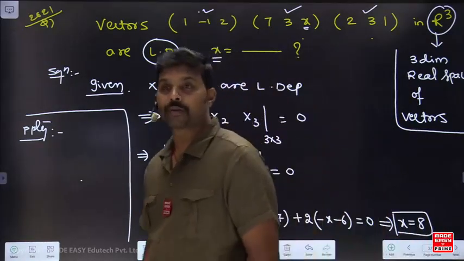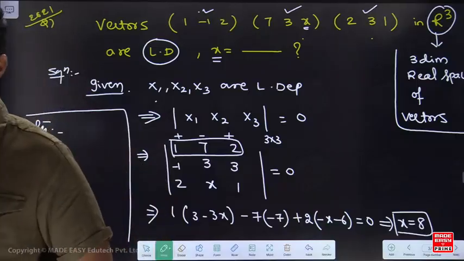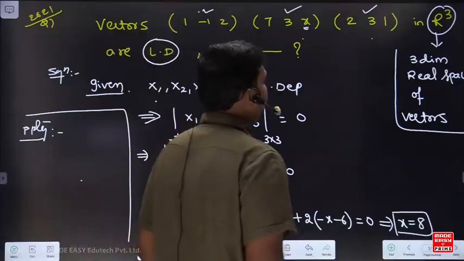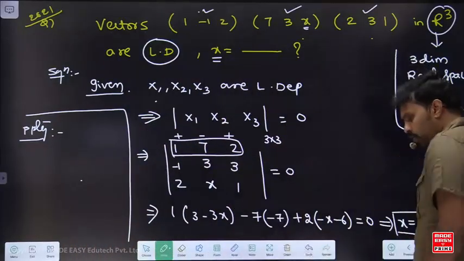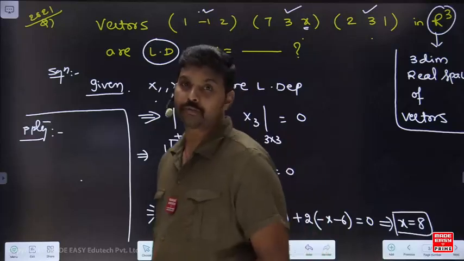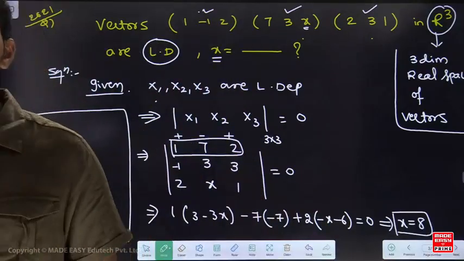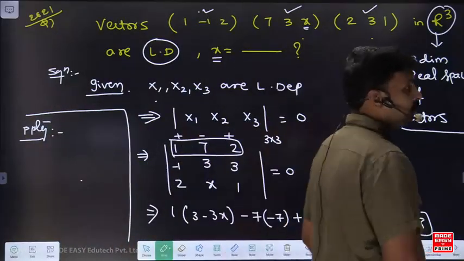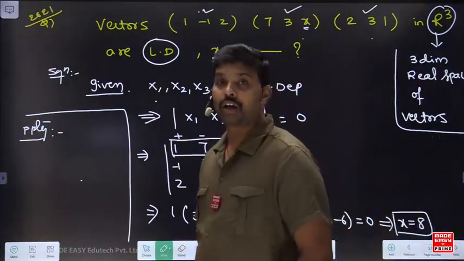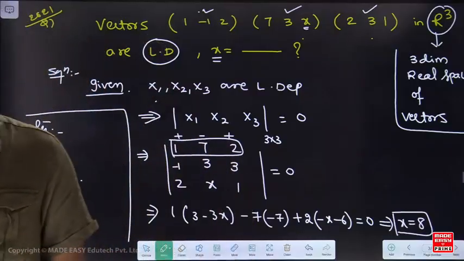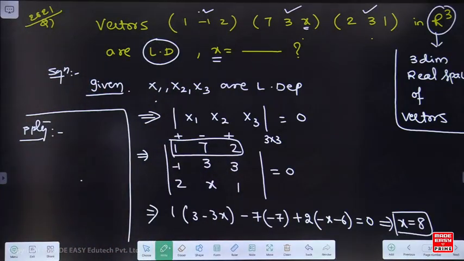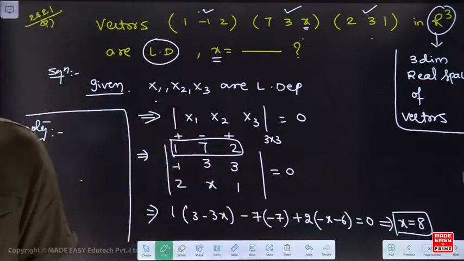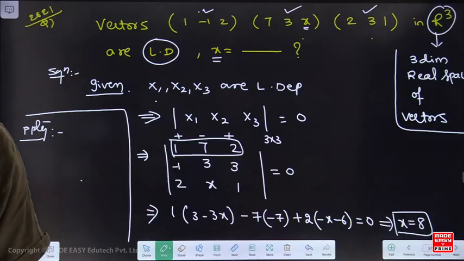If any two rows or columns, not only two, you can write like this: if any rows or columns are linearly dependent, then the determinant of that matrix is 0.